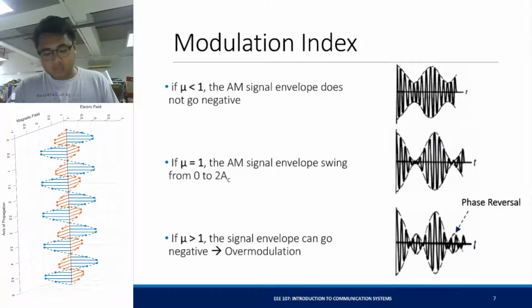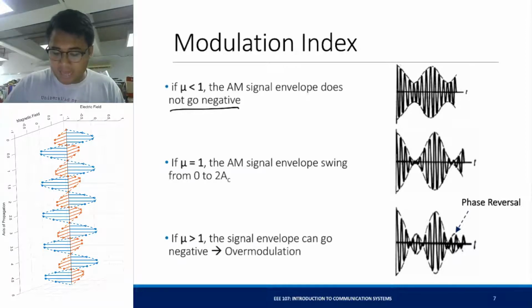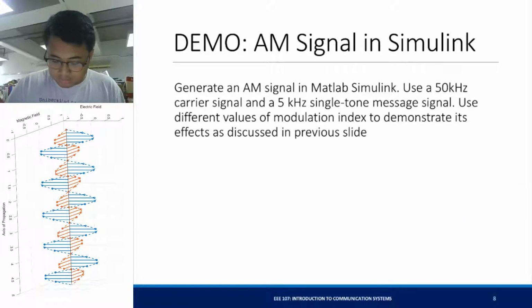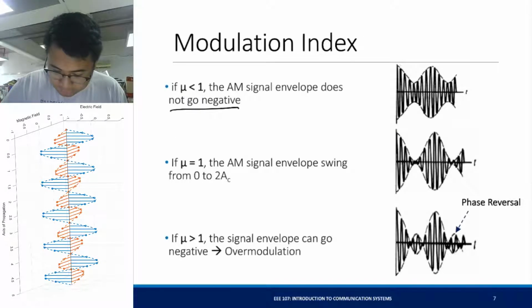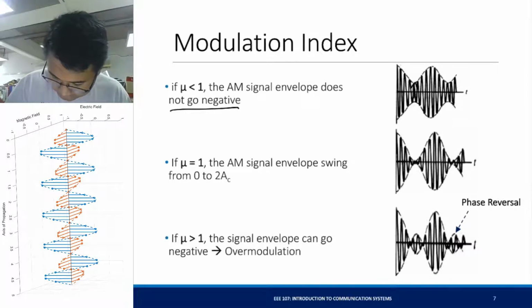Okay? So a note on the modulation index. If the modulation index is less than 1, the AM signal envelope does not go negative. You will have some space. Sorry, let me use red.